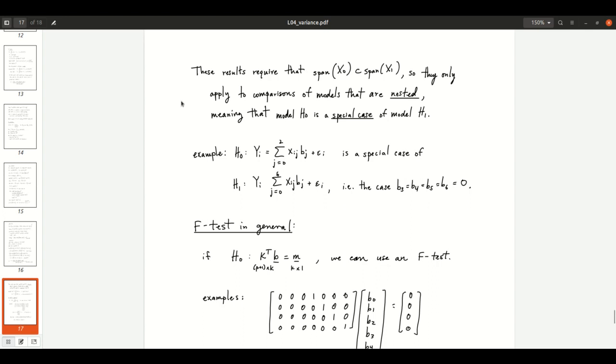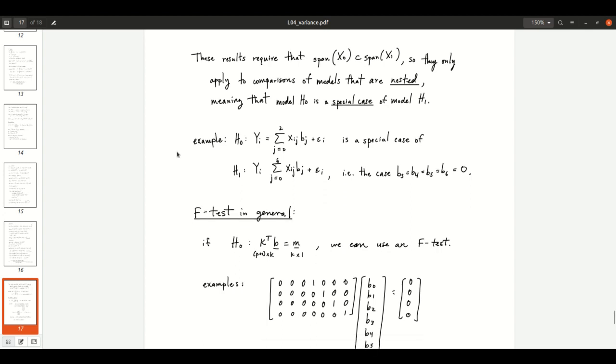So these F-test results will only apply to comparison of models that are nested, which means that the null model is a special case of the alternative model. The example that we've used is one of those cases.